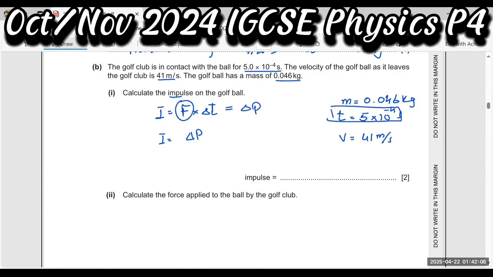So change in momentum is final momentum minus initial momentum. The initial velocity was 0 and the final velocity is 41 meters per second. The mass is 0.046 kg times velocity 41 meters per second. After multiplying this, we will get 1.9.